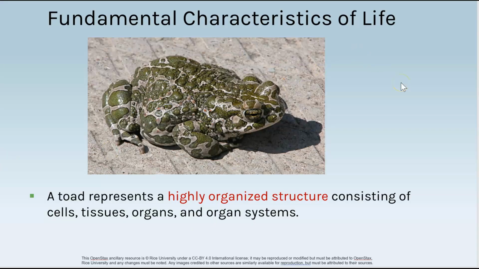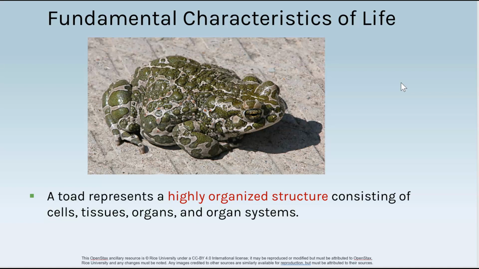So the first characteristic of life is that all organisms have a highly organized structure. And what I mean by this is that you can start at the level of an atom, which is the basic unit of matter. And then atoms build molecules, which are many atoms bonded together.